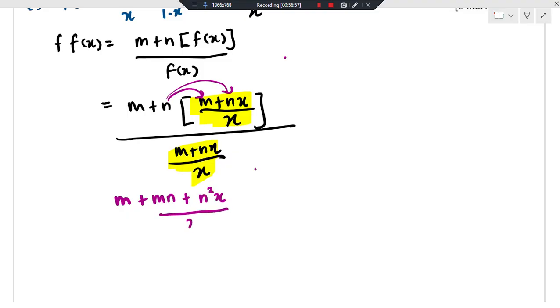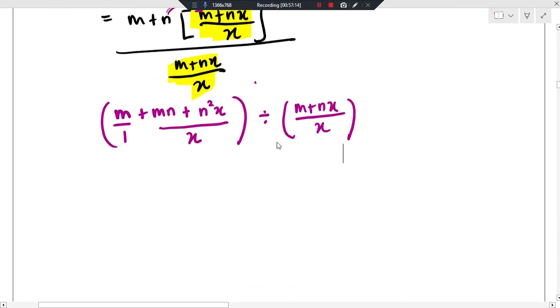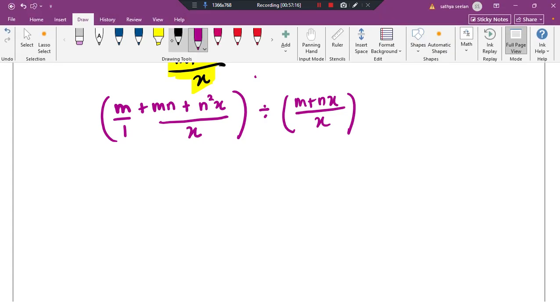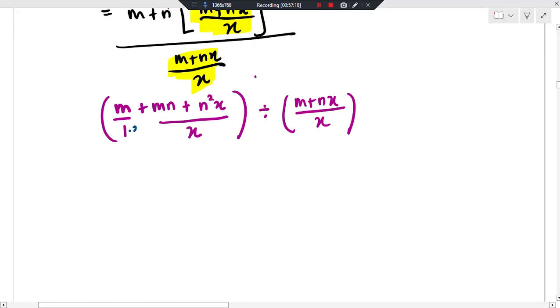Okay. Make the numerator all single fraction. Maksudnya you kena darab dengan X, you kena darab dengan X. So, Mx plus Mn plus N square X over X. So far okay? And then divide tukar jadi apa? Darab. X terbalikkan.